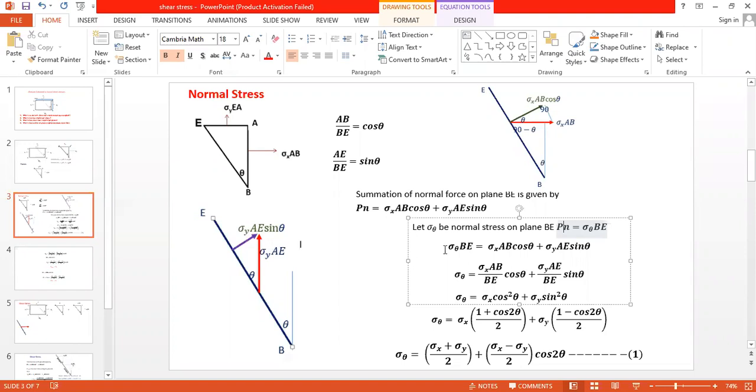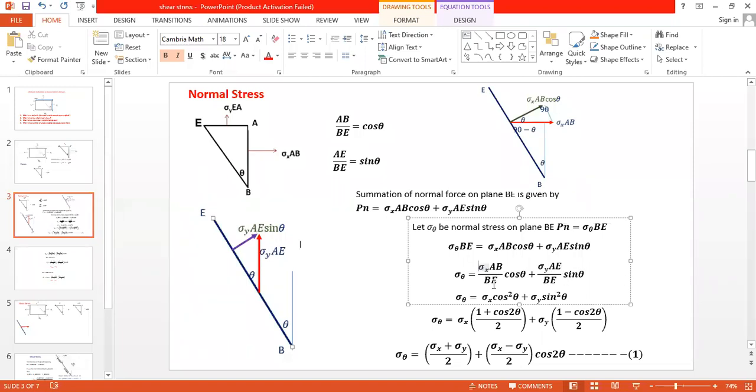Now our aim is to calculate sigma theta. Am I right? For calculation of this sigma theta, I have divided the whole equation by BE. Now when we take BE on this side, it becomes sigma x AB by BE cos theta plus sigma y AE by BE sin theta.